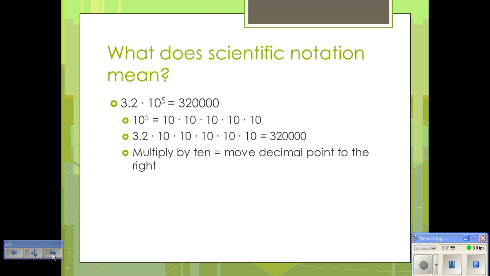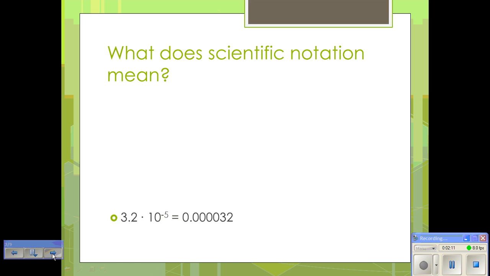Whenever you're multiplying by tens, know that you're going to be moving the decimal point to the right, so your number is going to be getting larger. Now, what if the 5 was negative? If it's negative, then that means it's a number that's smaller than 1.